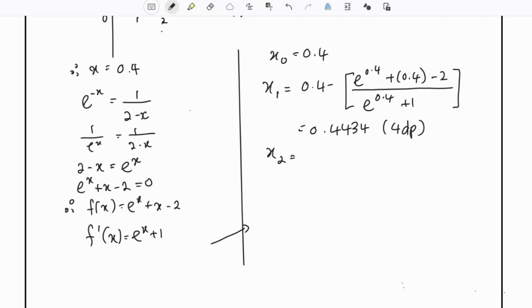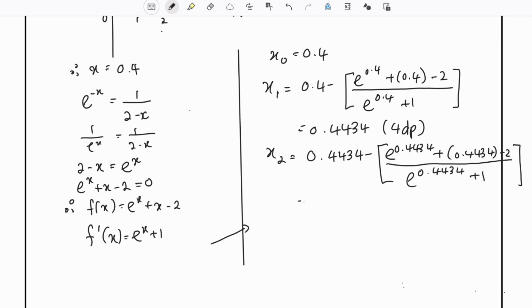So x2, so substitute similarly. So we have 0.4429. So continue again for x3.